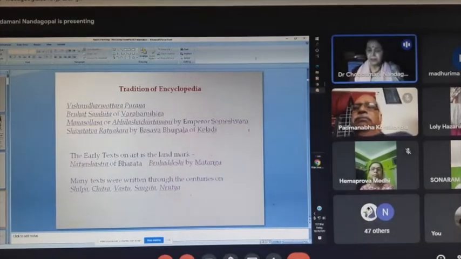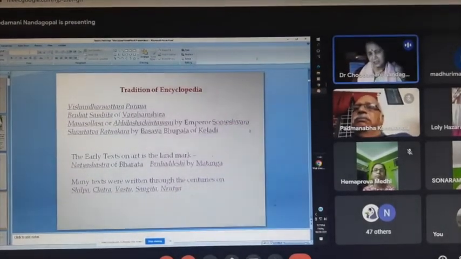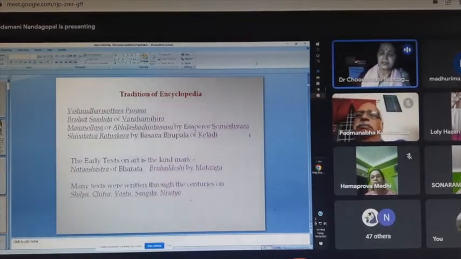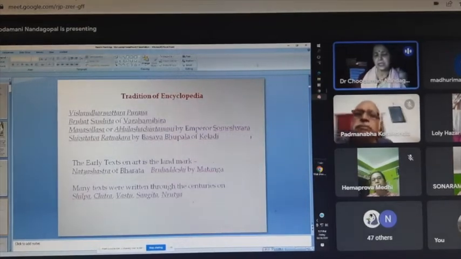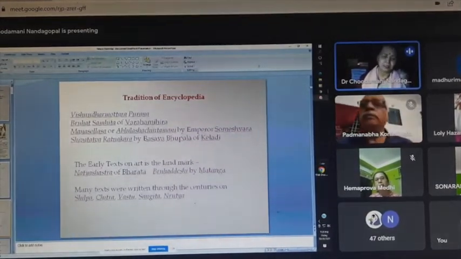They are all very important texts as far as Indian art and culture is concerned. Apart from that, many texts were written through the centuries on Shilpa, Chitra, Vastu, Sangeeta, Nritya, all these subjects.